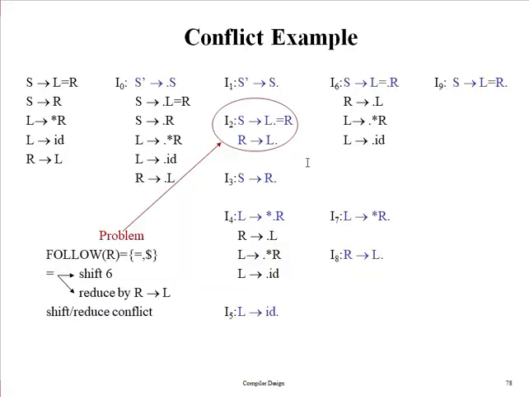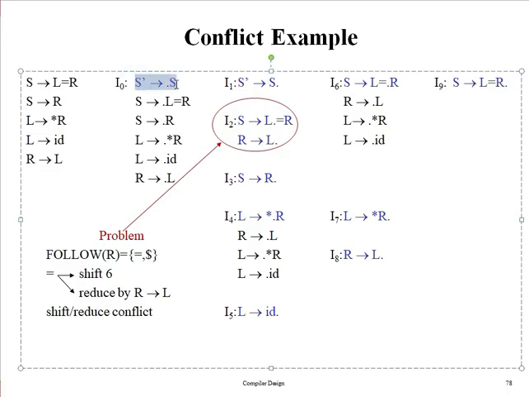As you can see, we can augment the grammar like this, and now we can generate the items. There are 10 items generated, because we started from I0.